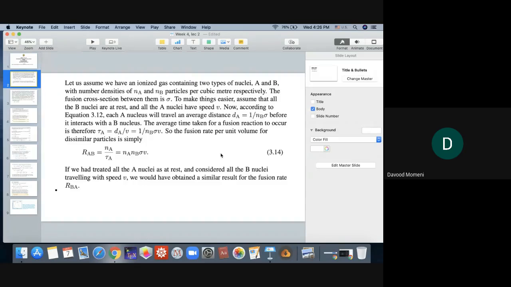If you have 2 types of nuclei, which first we consider to be different, A and B, and the number density of each one is NA and NB, what is NA? NA was the number per unit volume.